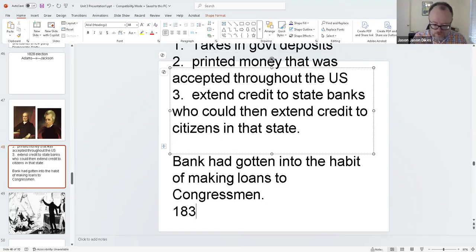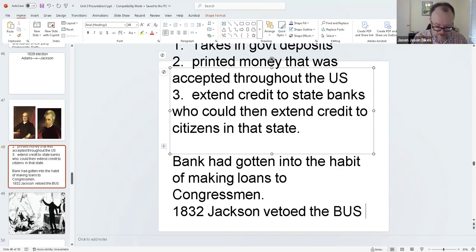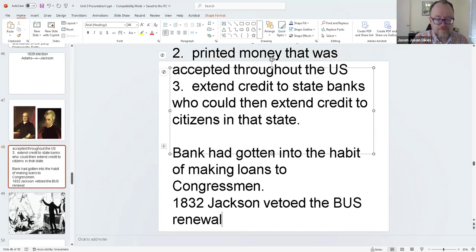So in 1832, Jackson vetoed the Bank of the United States renewal. The bank was not a perpetual institution. It had to be rechartered, and Jackson decided not to.